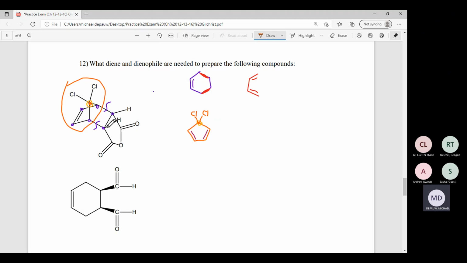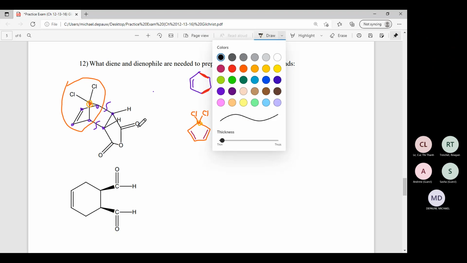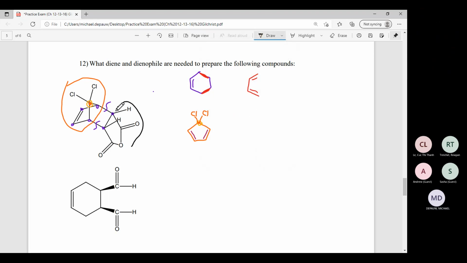The other reactant is going to be the rest of this. And there should be a double or triple bond that was the dienophile. In this case, that means that double bond should have been right there.